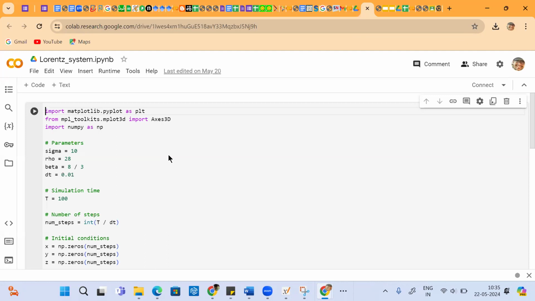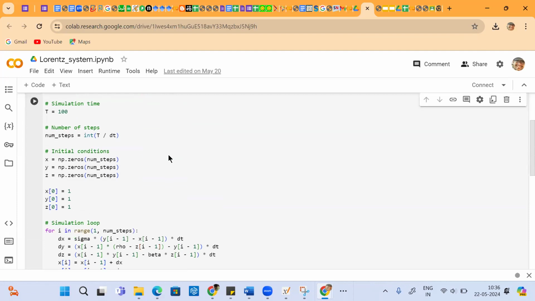For the time of the simulation we have been given 100, which is the unit of time for which the simulation will run and give us the plot output. The number of steps is the integer value of t divided by dt, which will be 10,000.